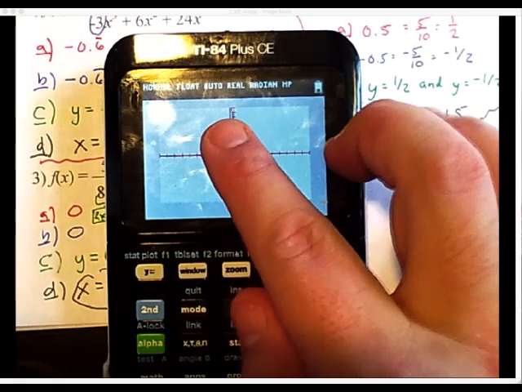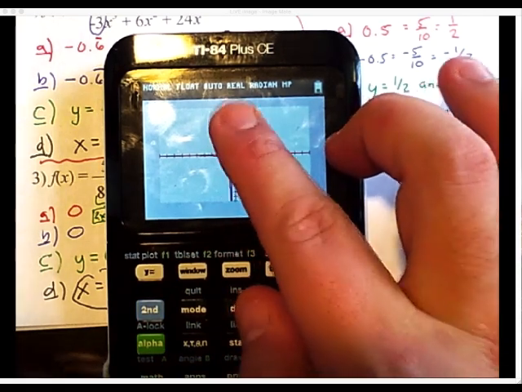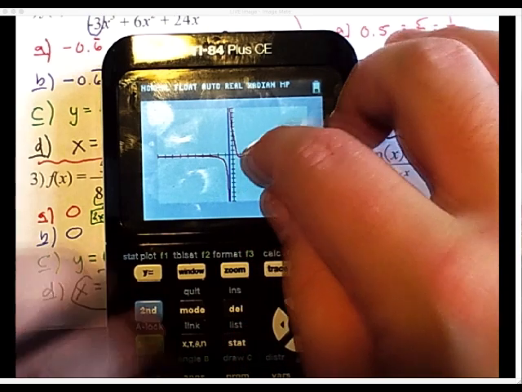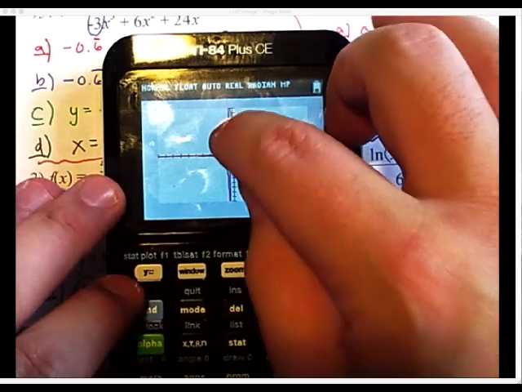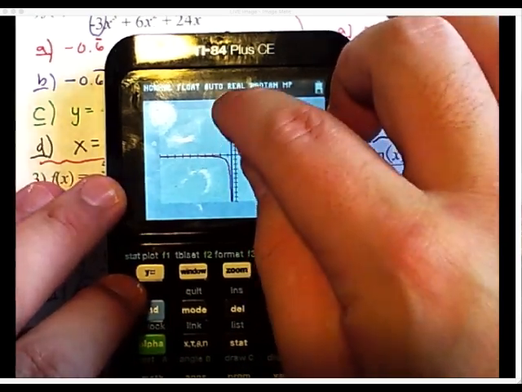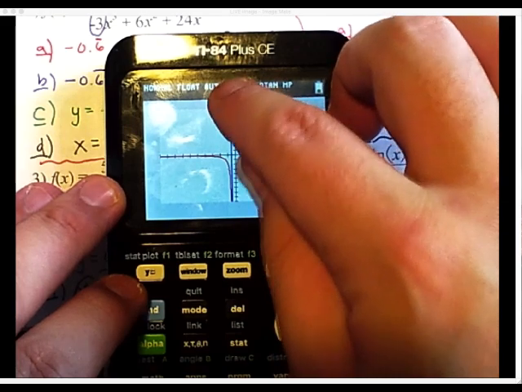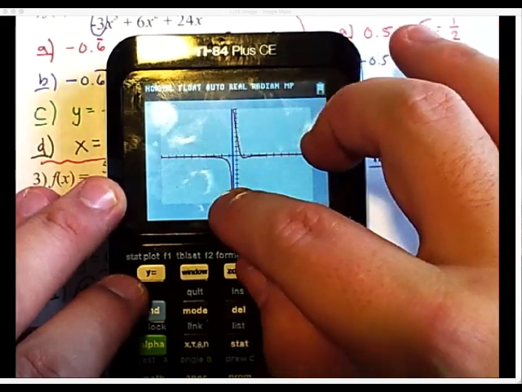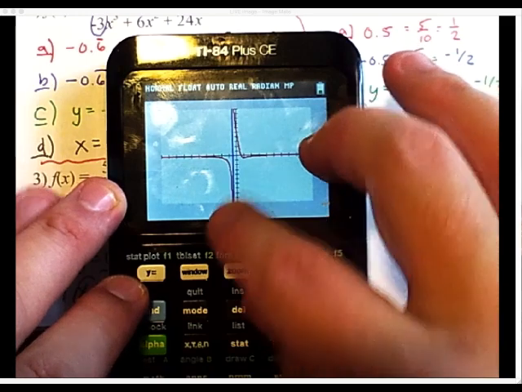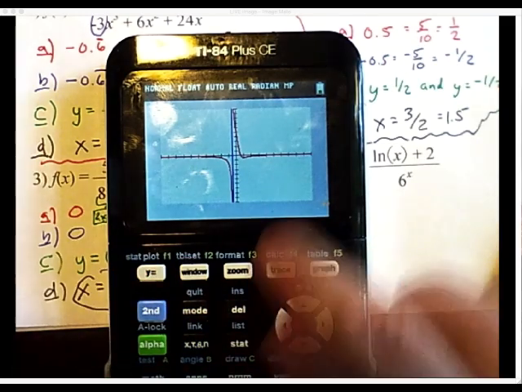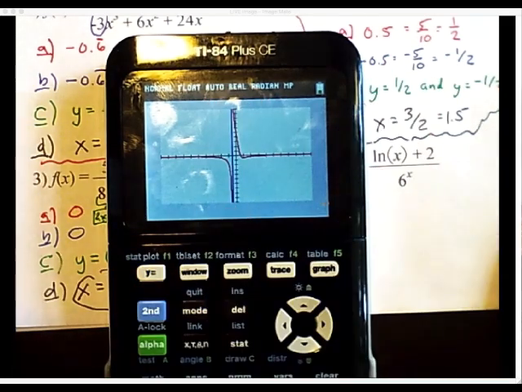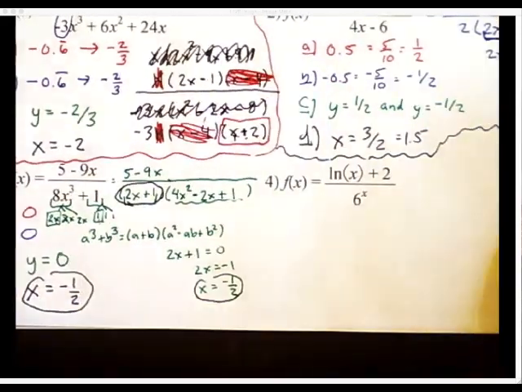That looks appropriate. That blue line that got drawn in there looks appropriate. Looks like the red curve is getting really close to that vertical line. Okay, so it goes up towards infinity, and it goes down towards negative infinity. It gets really close to this vertical line, but doesn't quite touch it. So that's the right equation of that vertical line.